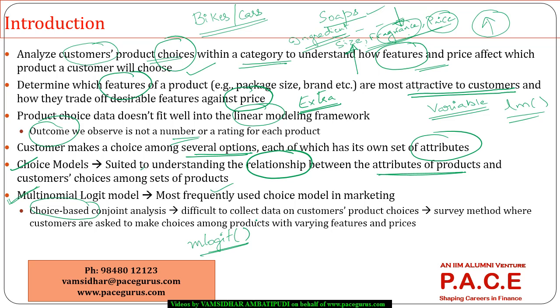Because many a time, in some cases, I cannot collect the data on the consumer's product choice. Probably you look at cars. A customer will keep inquiring with different dealers on different kinds of car models and brands. Sometimes it could be simple casual inquiries, sometimes serious inquiries.